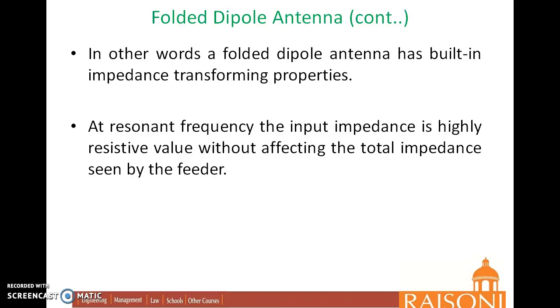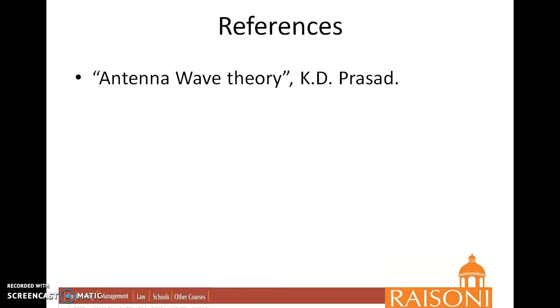At resonant frequency, the input impedance is a highly resistive value without affecting the total impedance seen by the feeder. This is what we have observed about a single antenna known as the folded dipole antenna.